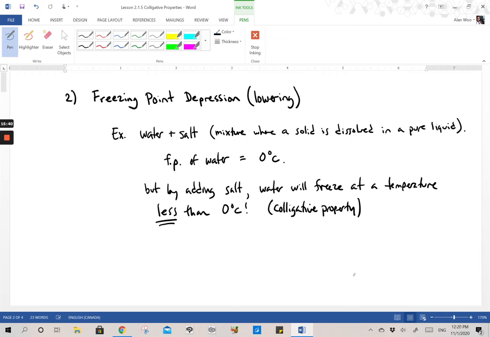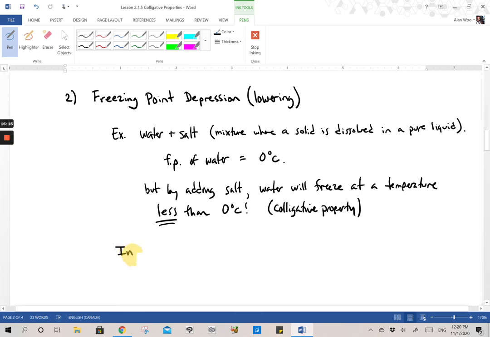But if they add salt, salt keeps the freezing point of water below 0 degrees Celsius. So it has to get much colder than 0 degrees Celsius for that water to freeze. And in effect, that does help prevent some slippery situations. If the temperature outside remains at zero, most of the ice and snow won't actually be solid. It would stay as a liquid.